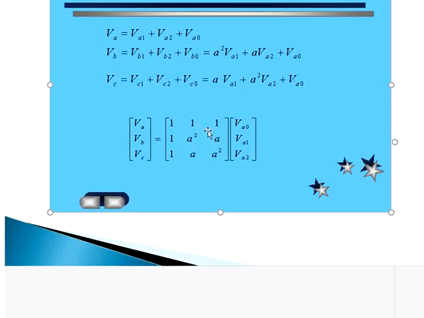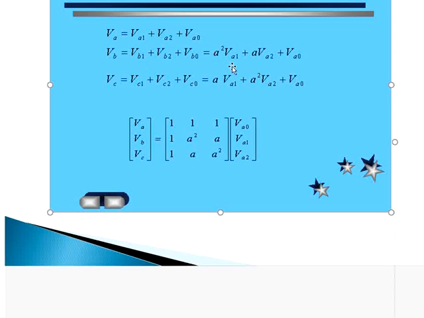Similarly, the second row is representing my VB. So VB is 1 into VA0, because VB0 and VA0 are equal, and VB1 is equal to A square VA1. You can see here VB1 is A square VA1. Similarly, VB2 is A into VA2.